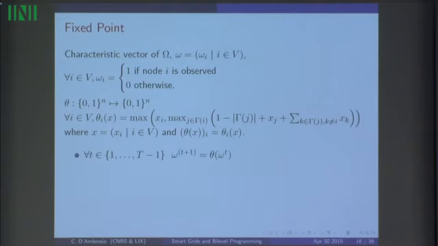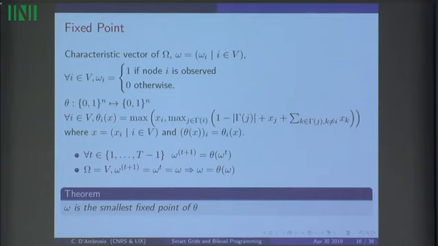So the idea is, suppose that we have omega_t at iteration t, and then theta(omega_t) will give us omega_{t+1}. And what we aim for is a fixed point of this function. And we could prove that what we want to find as observability, to satisfy the observability propagation, is the smallest fixed point of theta. Okay.